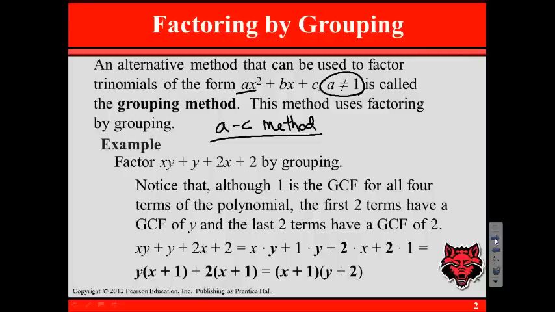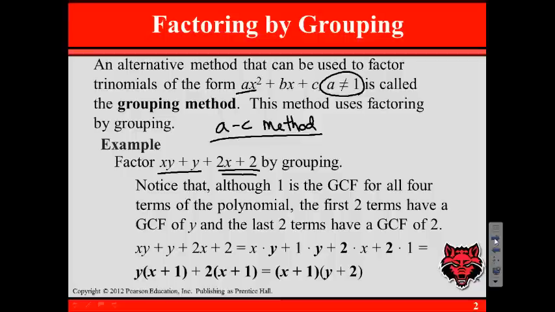Just to quickly review factoring by grouping, if we have 4 terms, we would group the first 2 terms and the last 2 terms. Notice that although 1 is the GCF for all 4 terms, the first 2 terms have a GCF of y. So the first group has a greatest common factor of y, and the second group has a greatest common factor of 2.